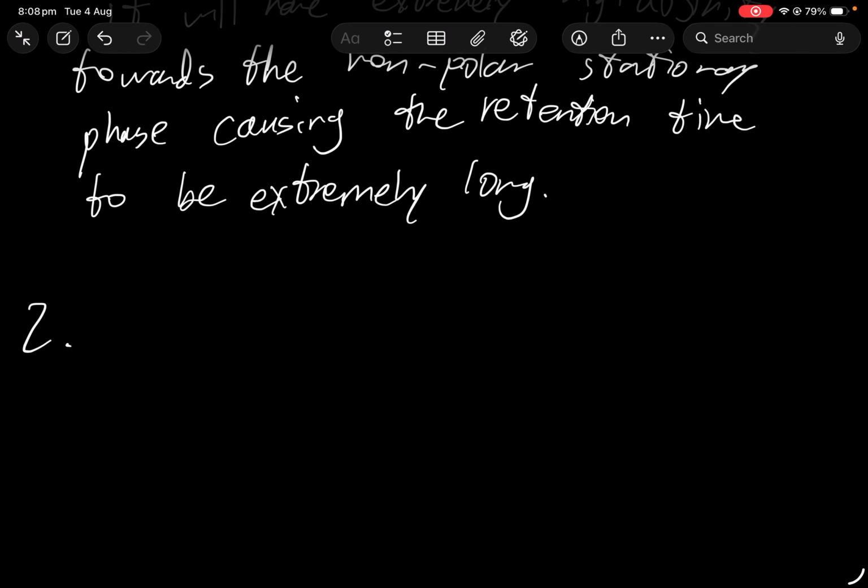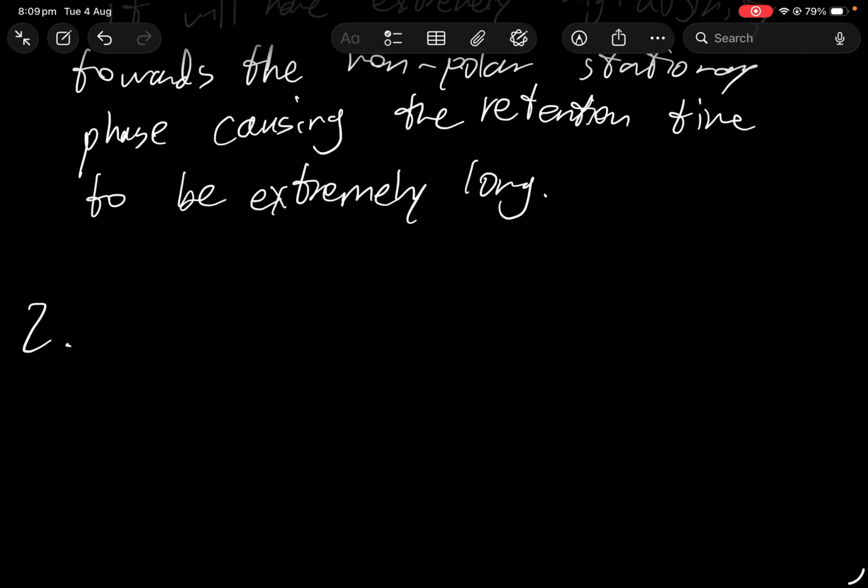For the second run, the chemist changes the mobile phase to a 50-50 mixture of hexane and ethanol. Ethanol is highly polar. They spot the exact same compounds on a fresh silica plate. Explain the specific intermolecular interactions that cause compound X to have such a low retention factor value in the first run.